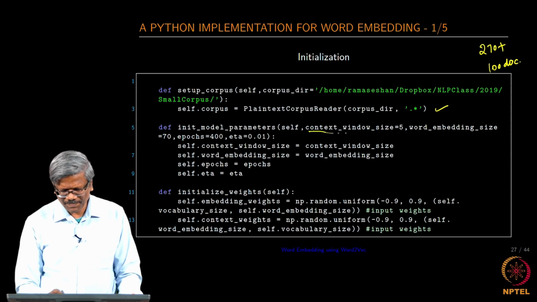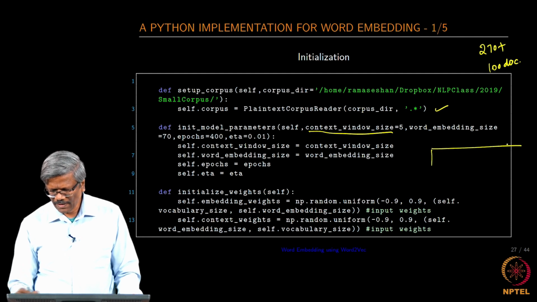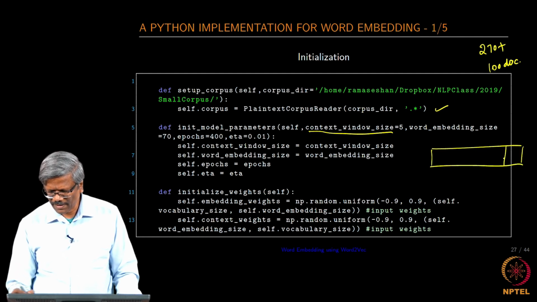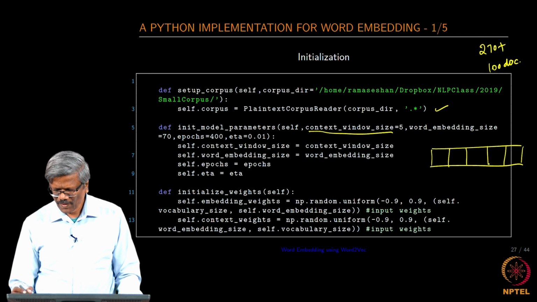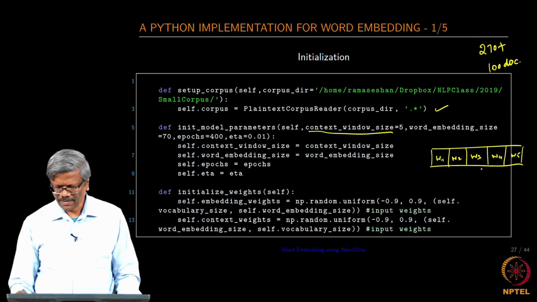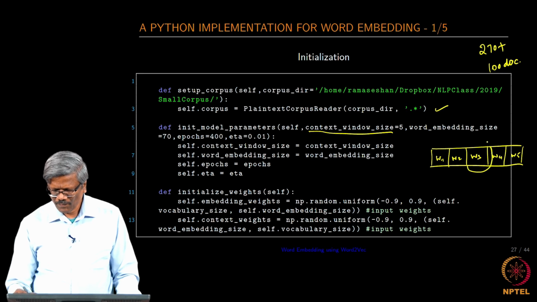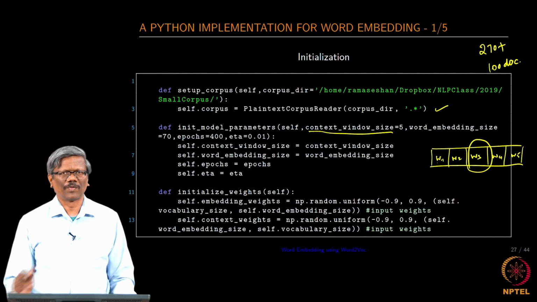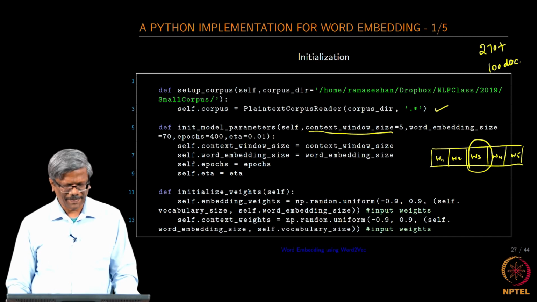parameters. In this case I am taking the context window. You remember we will be having the context window, where we will be looking at, okay, in the skipgram model I will be inputting this, and these are the context words the application is supposed to predict.